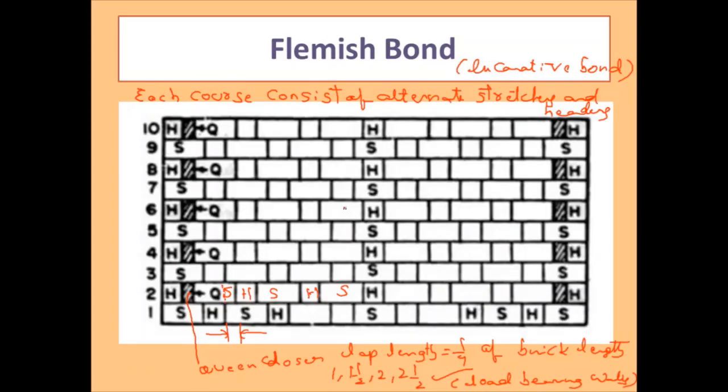And in the Flemish bond, each course consists of alternate stretchers and headers. Okay, then the bond in which lap length is half of the brick length is only the stretcher bond. The bond most suitable for the construction of load bearing walls is the English bond. The bond that is most lucrative is the Flemish bond.